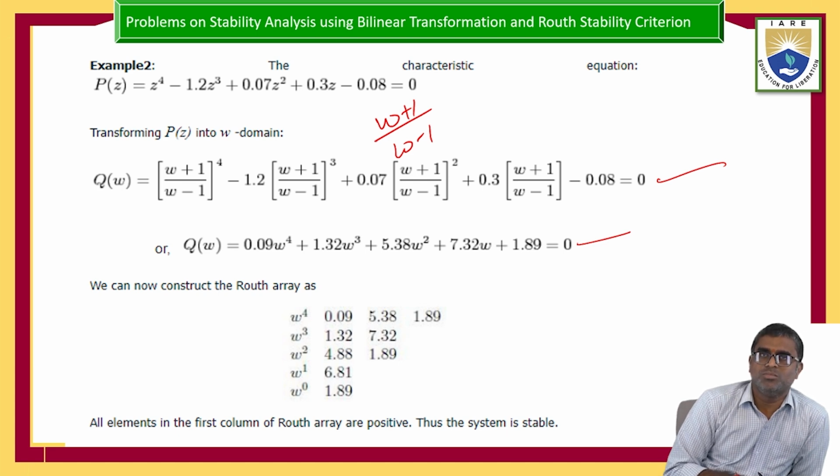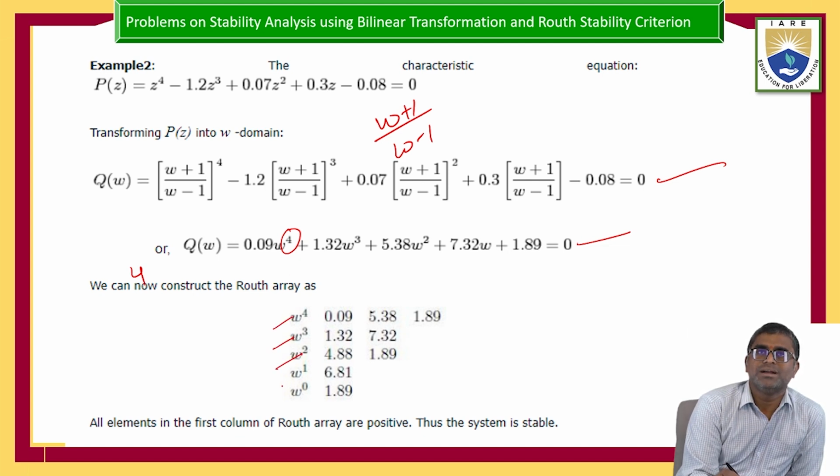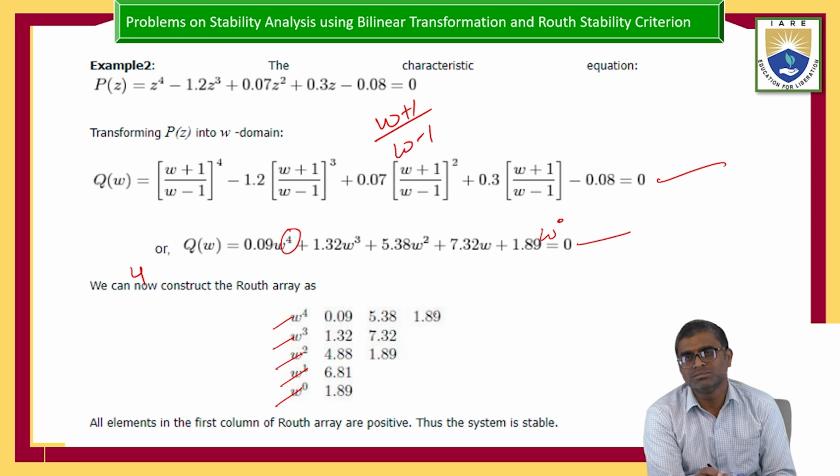What is the n value here? The power is 4, so n is 4. So omega 4, omega cube, omega square, omega 1 and omega naught.